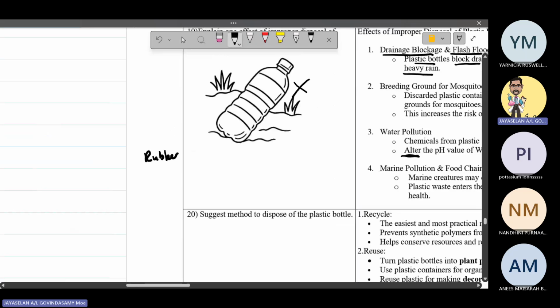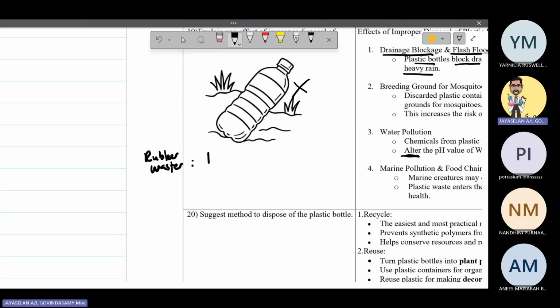Okay, one more you all write down here. Who has this book, write down. Rubber waste. You all put one more, the burning of rubber waste releases poisonous gases. Name two gases is enough.